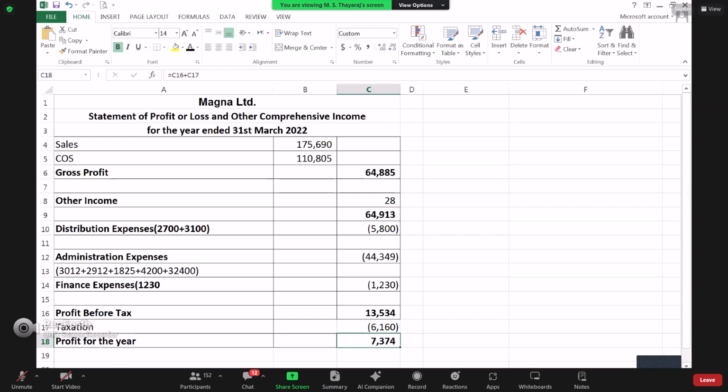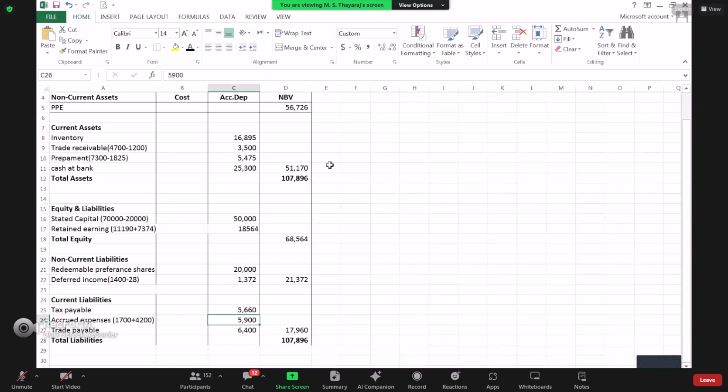Then you have to check the total assets, 107,896. So the others are easy, no?